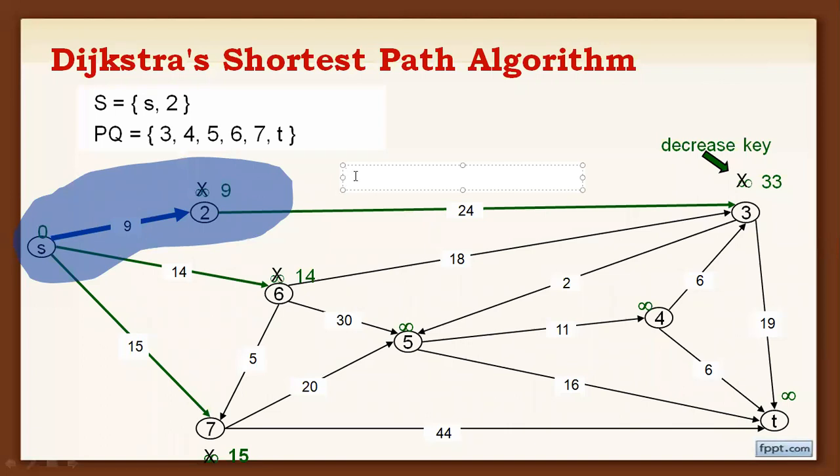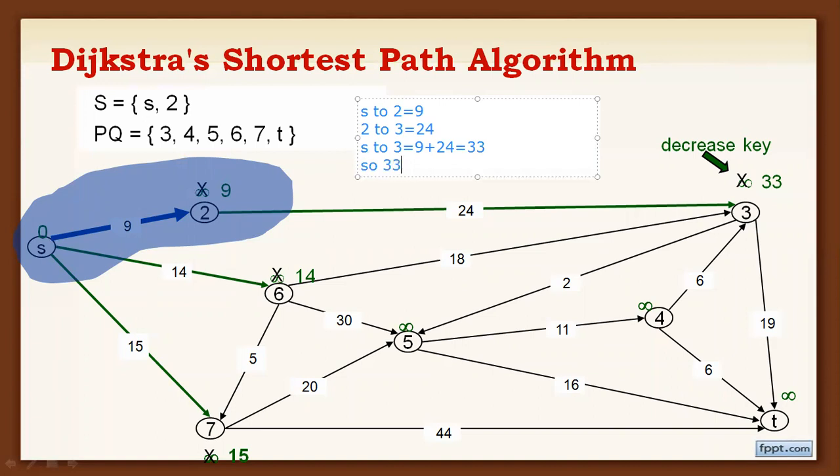So the cost from vertex S to vertex 2 is 9 here. Then find the cost from vertex 2 to vertex 3. The cost is 24. Now find the cost from vertex S to vertex 3, the total cost equal to 9 plus 24, that is equal to 33.